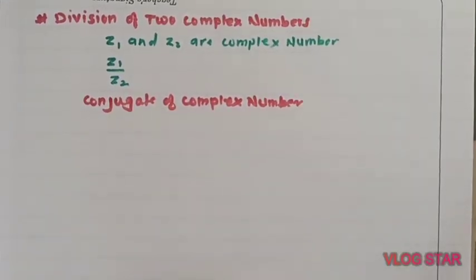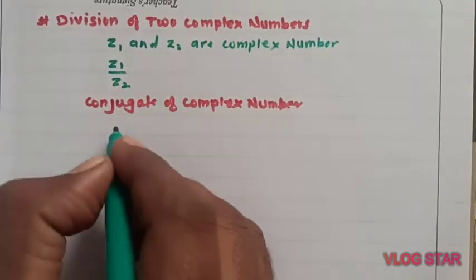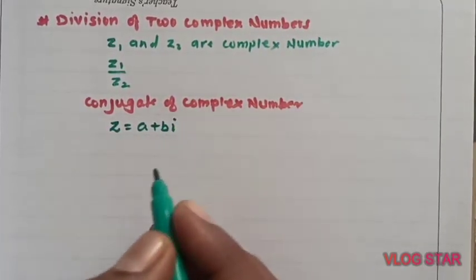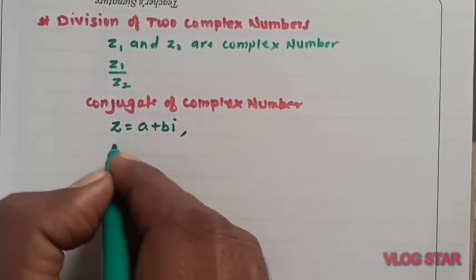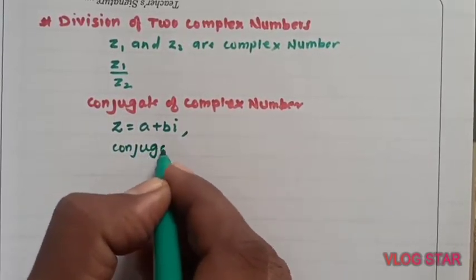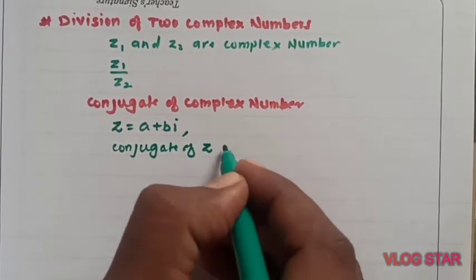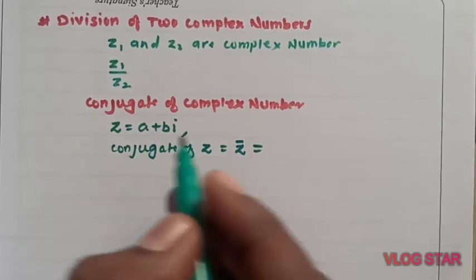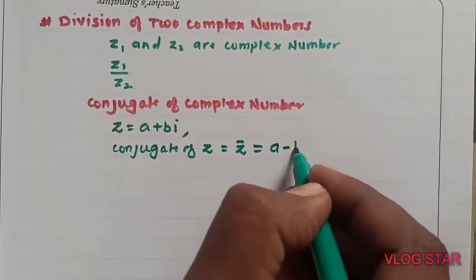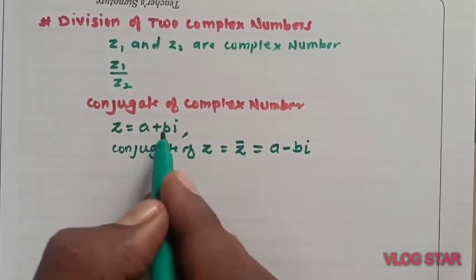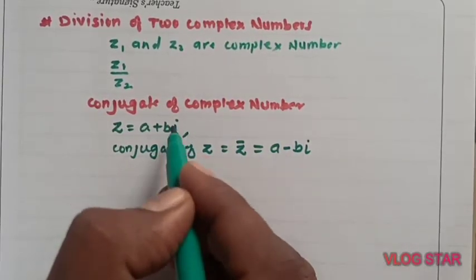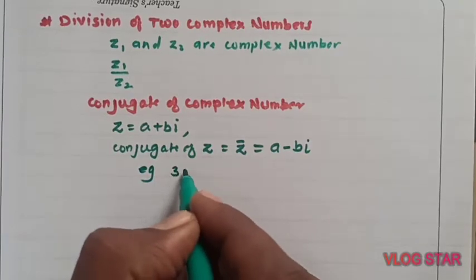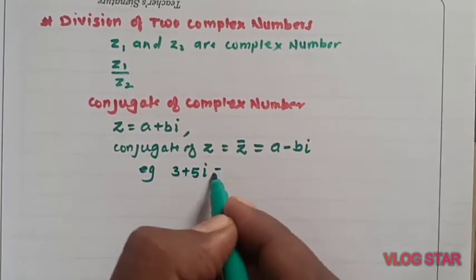Suppose you have a complex number z as a plus bi, then its conjugate, denoted by z bar, is defined as a minus bi, which means change the sign of only the imaginary part. For example, what is the conjugate of 3 plus 5i?